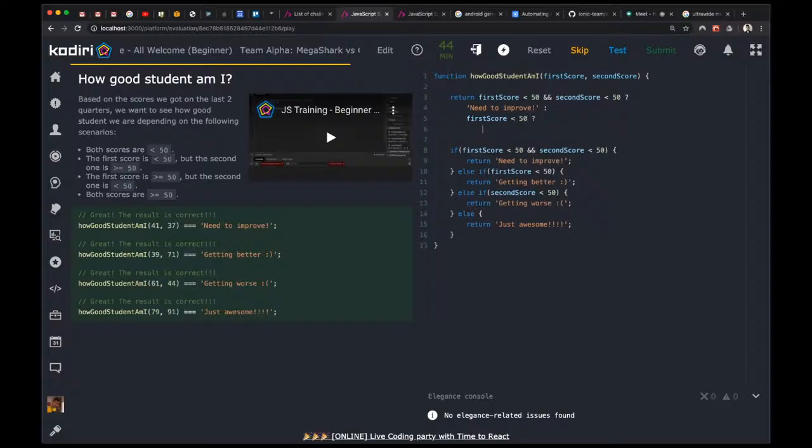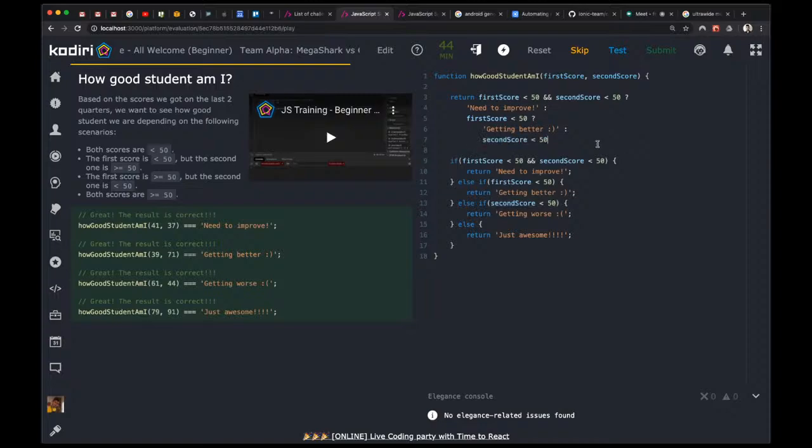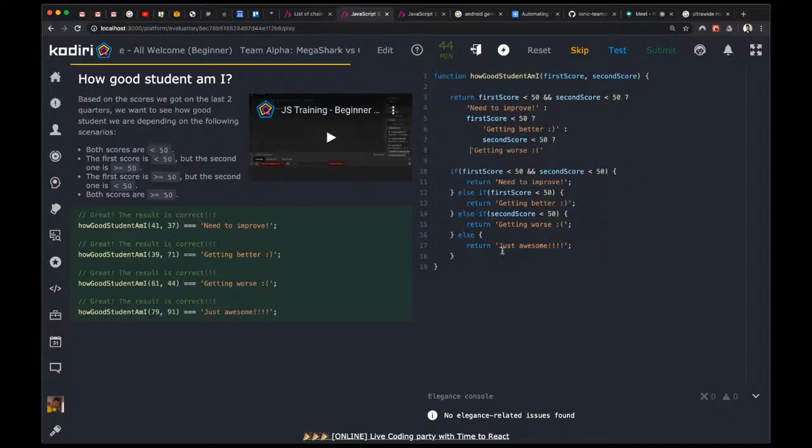Be careful with the indentation, guys, because indentation here is vital to have something readable, yeah? Readable-ish. Getting worse. And eventually, let me try to indent that correctly. There you go. And eventually, just awesome, as you can see here.